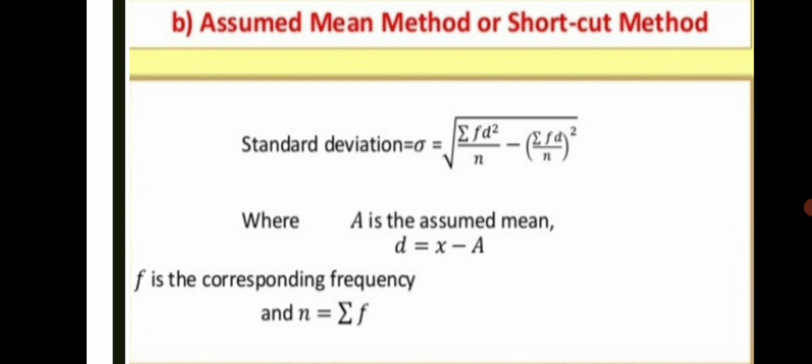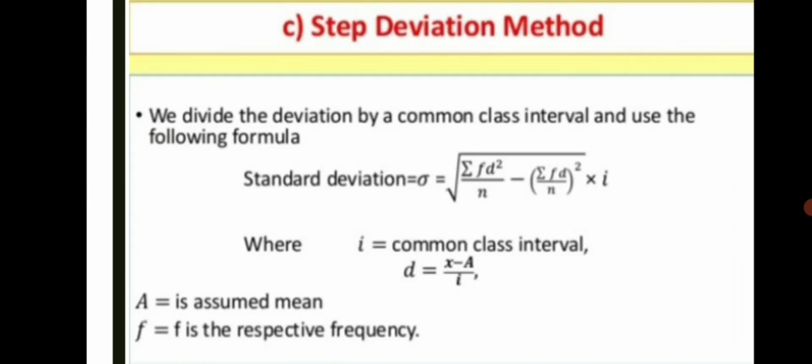Next one is the assumed mean method or the shortcut method. Standard deviation is equal to sigma, square root of sigma f d square upon n minus (sigma f d upon n) whole square, where a is the assumed mean, d is equal to x minus a, f is the corresponding frequency, and n is equal to sigma f. Last one is the step deviation method.